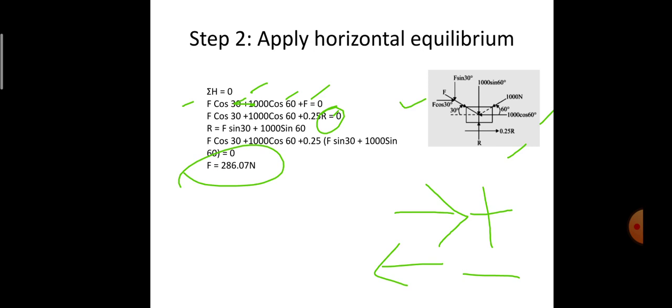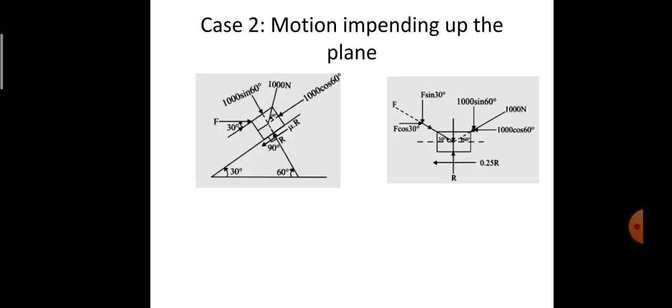This is the force which is helpful for the object to slide down the plane. Next, the second case is that we need to find out the amount of force which is responsible for making the object move up the plane.